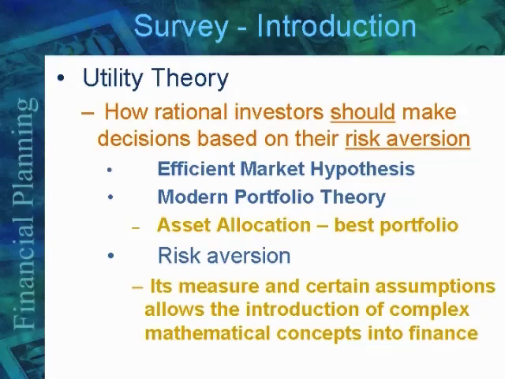And what that allows us to do in finance is that if you assume that the distribution of returns is normal, it allows you to introduce calculus into the asset allocation. So asset allocation is all about using calculus to find the optimal portfolio, as you may have seen in your Business 593 class.